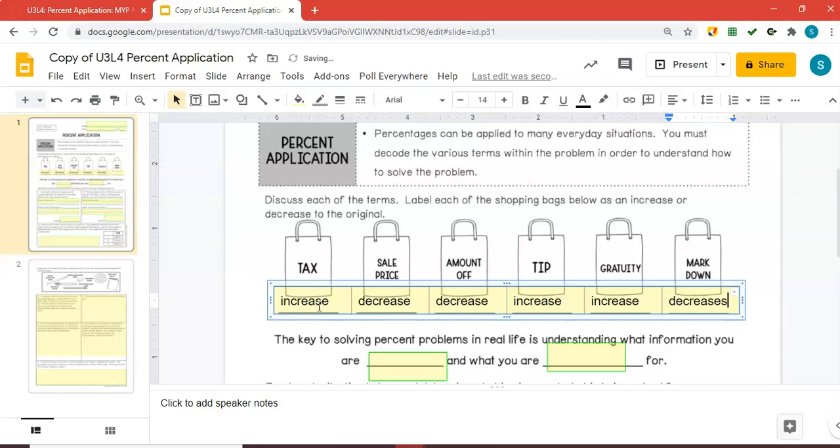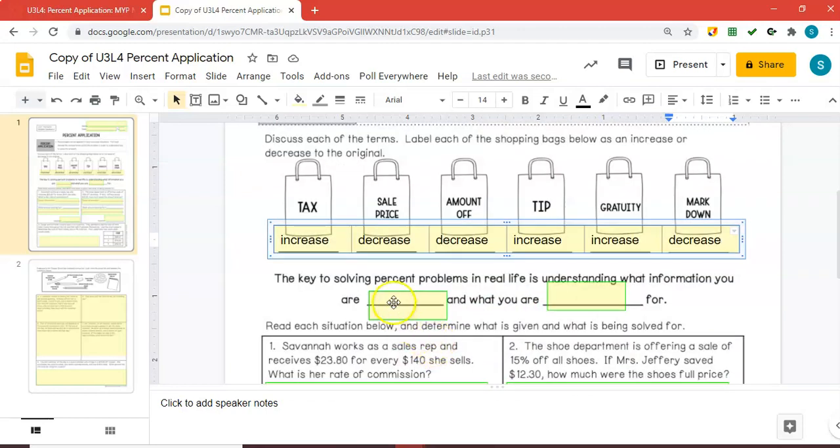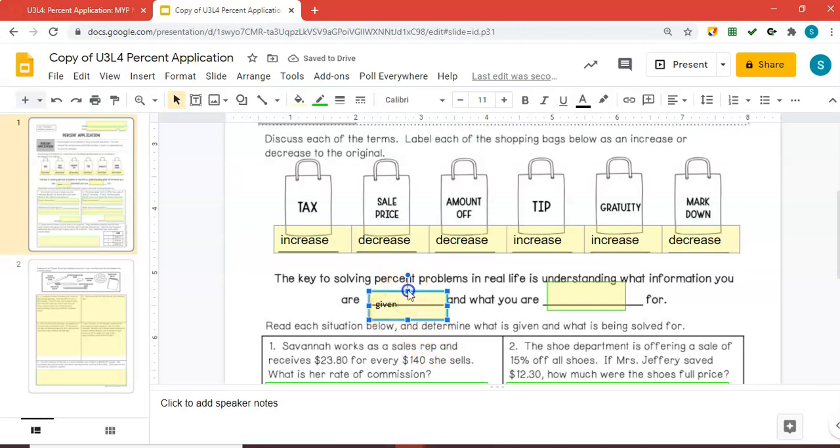So you're going to look for the vocabulary that helps you decide, after you figure out your number, whether you're adding it or subtracting it, whether the number should be larger or smaller. Now, the key to solving a percent problem in real life is understanding what information you are given and what you are solving for.